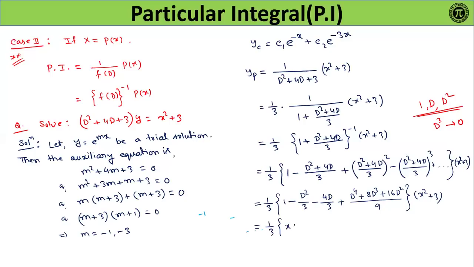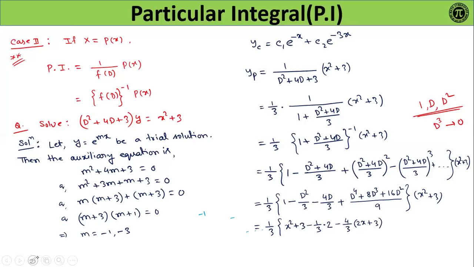That means x square plus 3 minus 1 by 3 into D square of x square plus 3. D square means double derivative. So the first derivative of x square plus 3 is 2x, and the second derivative will be 2. So 1 by 3 into 2. Clear? Minus 4D by 3 into x square plus 3. So 4 by 3 into, what is the derivative of x square plus 3? That will be 2x.